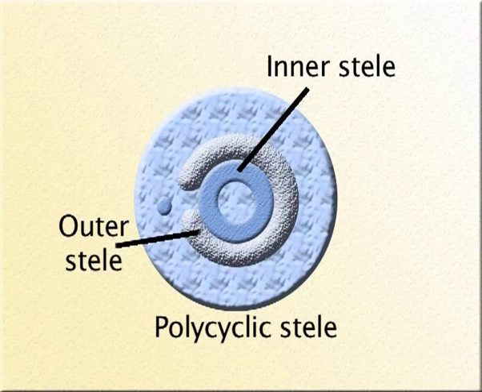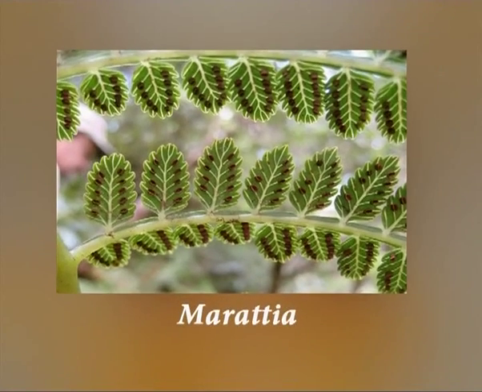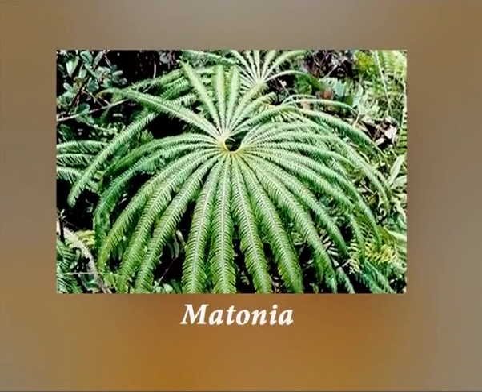Among the pteridophytes, polycyclic stele is the most advanced condition, exhibited by some ferns like Marattia and Matonia. It also originated from the protostelic condition by further elaboration.